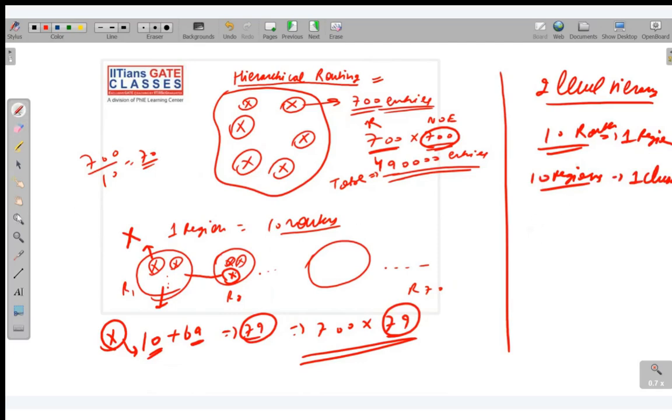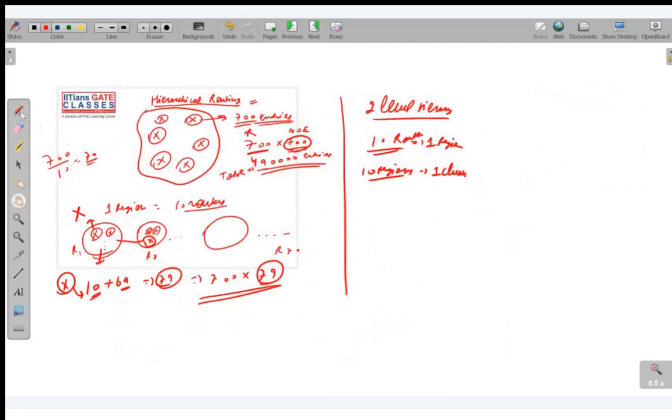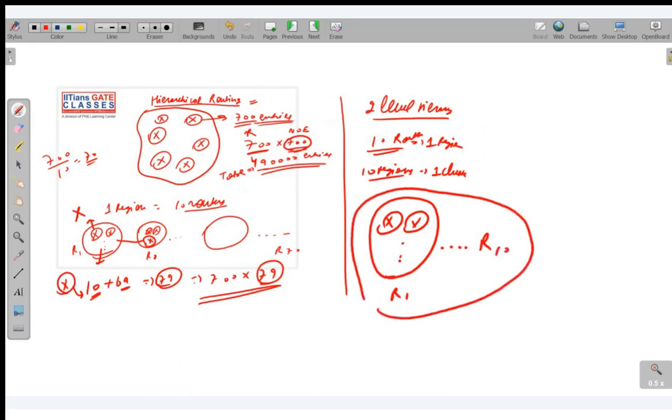So what I want to say is, total 10 routers make one region. And how many regions are we taking? Total 10 regions we are taking, and you are making this one cluster. So this is cluster number 1.